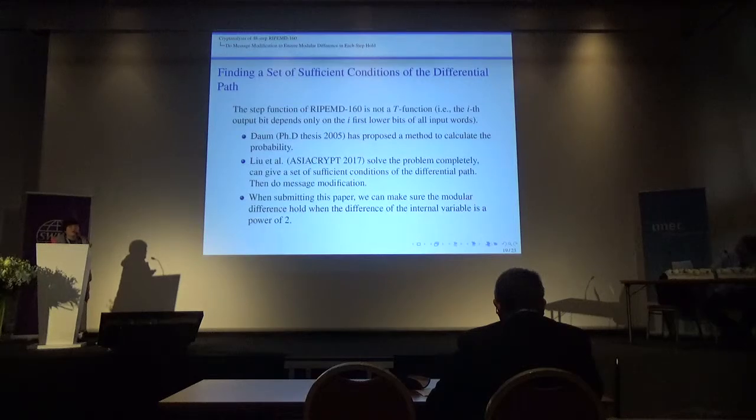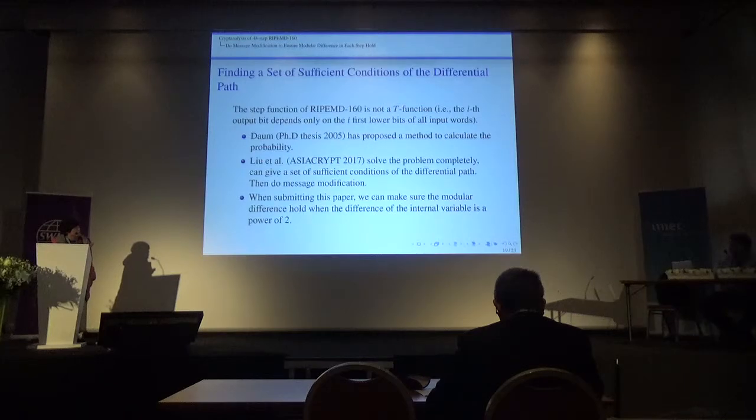In order to get sufficient conditions of the differential path, that means to ensure the modular difference and the bit conditions hold, Daum has proposed a method to calculate the probability of the differential path, including the modular difference and the bit conditions.